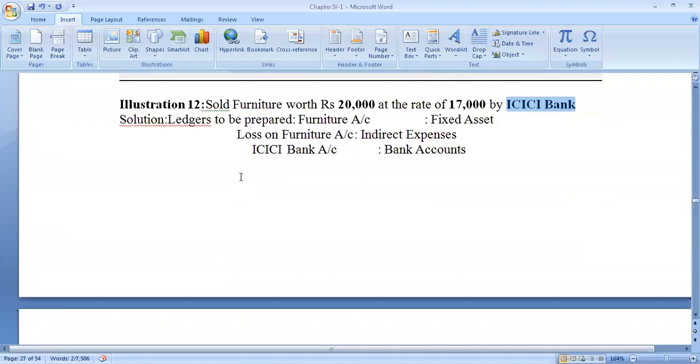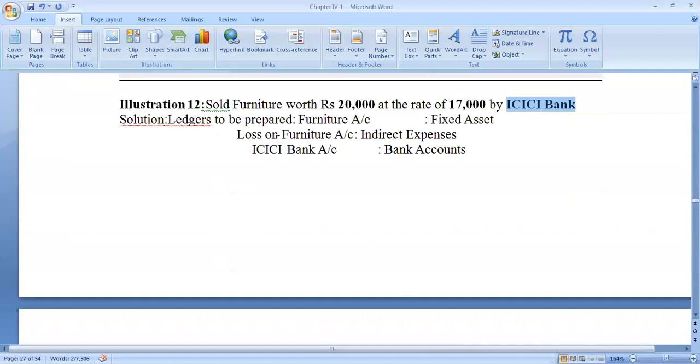Now again read the question. Sold furniture. So what is the normal transaction for sale of any fixed assets we are going to record? Cash account debit to sales account. But here the transaction is moving on with the ICICI Bank. So ICICI Bank account and loss on sale of furniture account debit to furniture account was the usual entry.